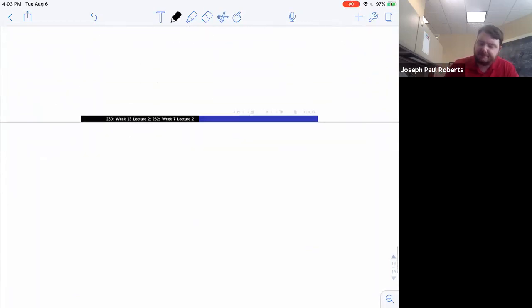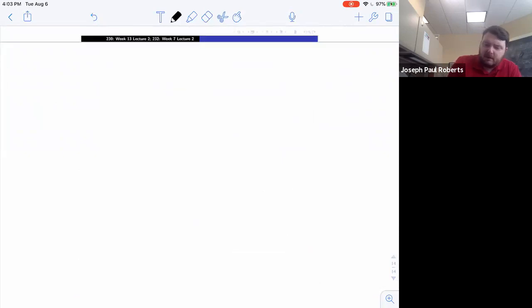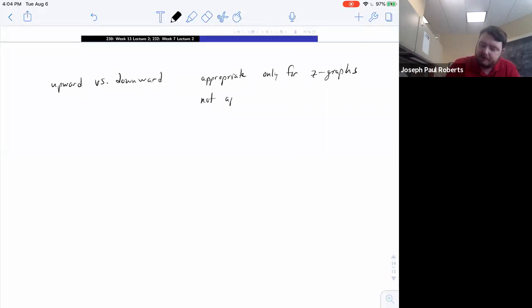Because the whole idea, maybe I'll write it down here, is that upward versus downward are always appropriate for z-graphs.